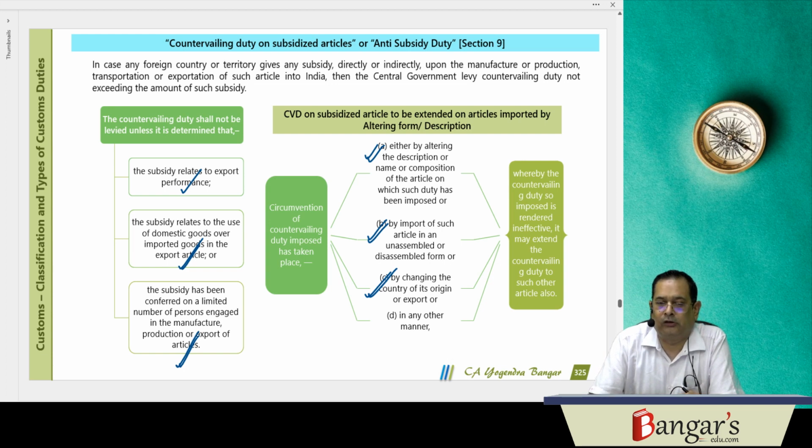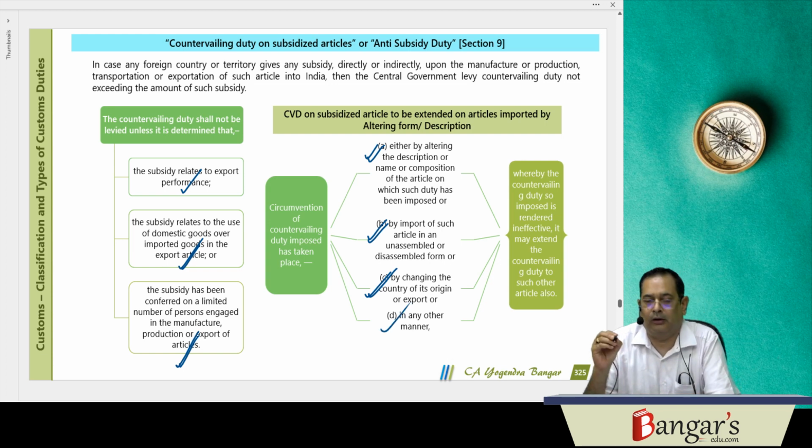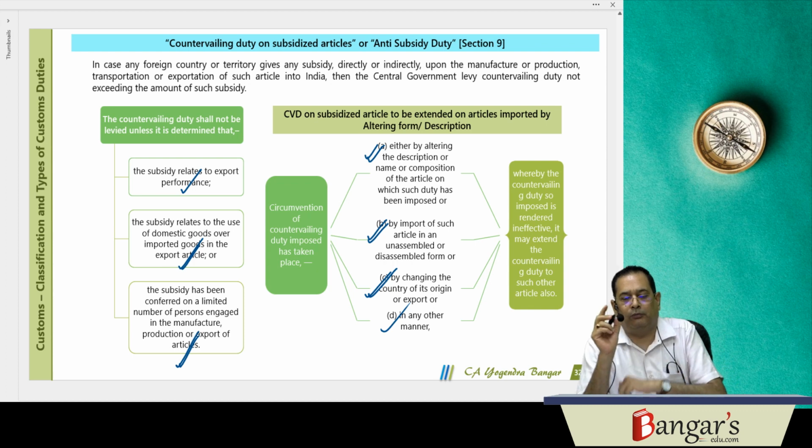So circumvention is taking place in this manner, or in any other manner. They are evading the duty which has been imposed.